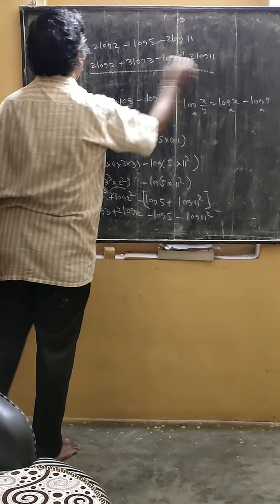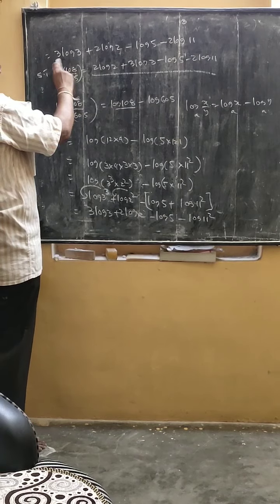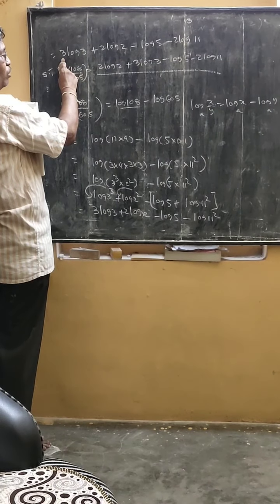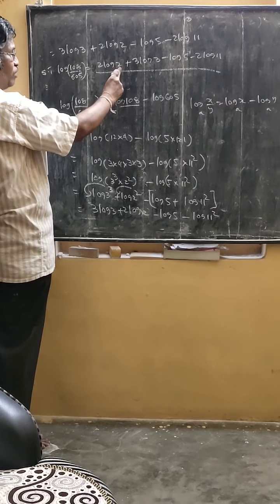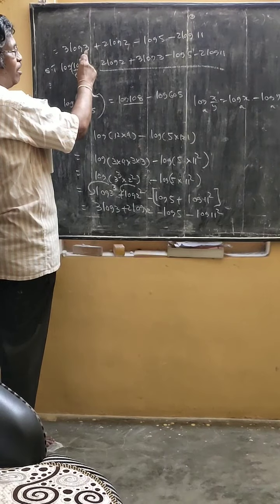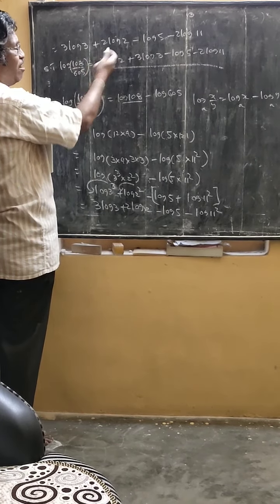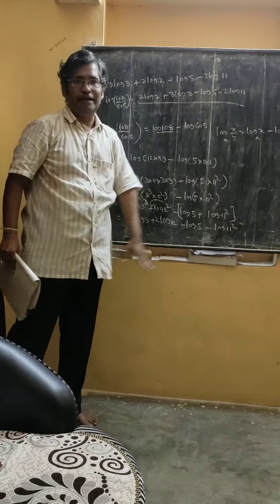Both are verified. There is no need to bother about this one. Here 2 log 2 is there, and we have got 3 log 3, log 5 and 2 log 11.